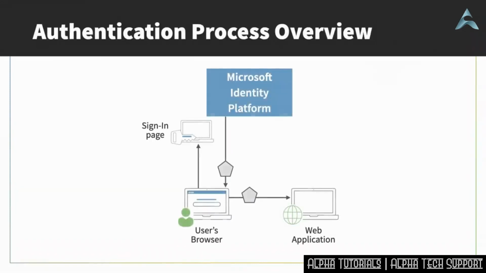The authentication process works something like this. Imagine I have a web application. I want to access my web application. My web application says, well, you're not authorized. I don't even know who you are. So, look, you need to go to the Microsoft Identity Platform because that's what I trust, and you need to sign in. So you go there, you see the sign-in page, and you sign in with the user that is there.